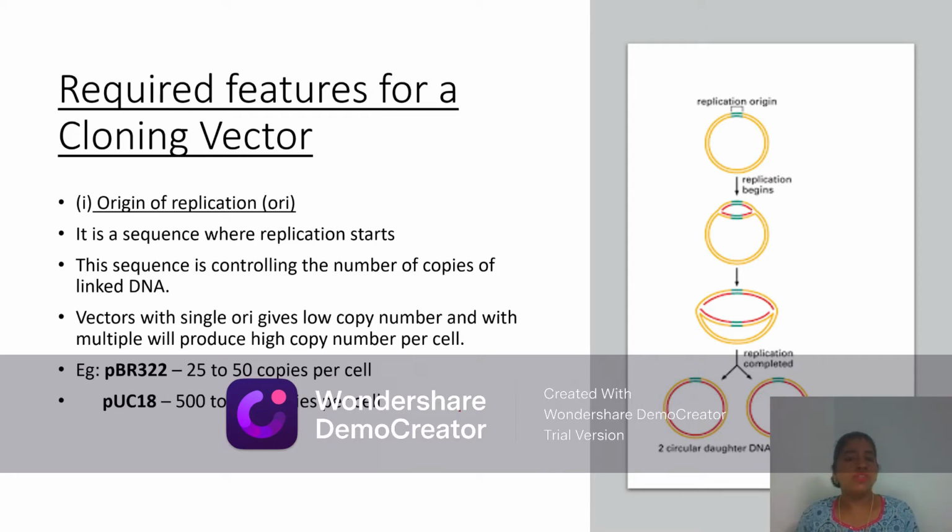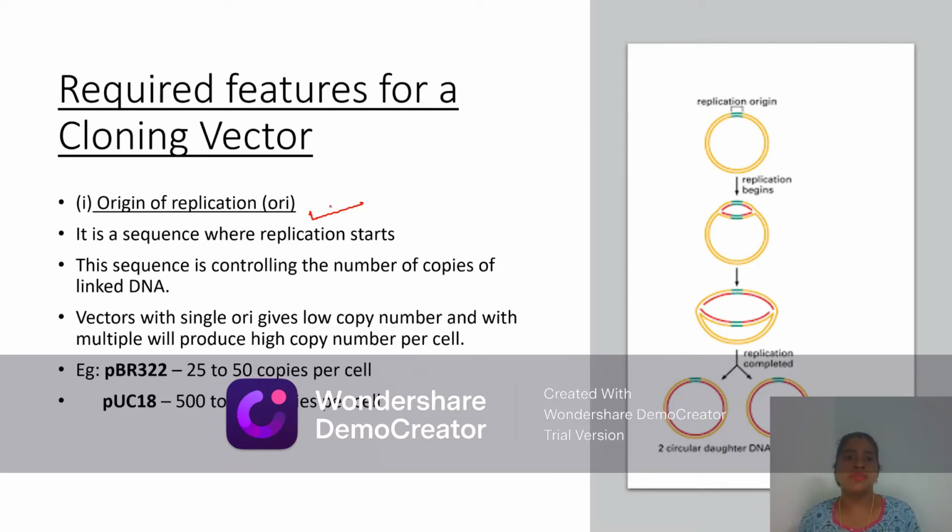Like that you are going to choose a vector. So there also we have to think about the features of a cloning vector. What are all the features your vector should carry? You cannot simply take any vector as per your wish. It should qualify for your work.